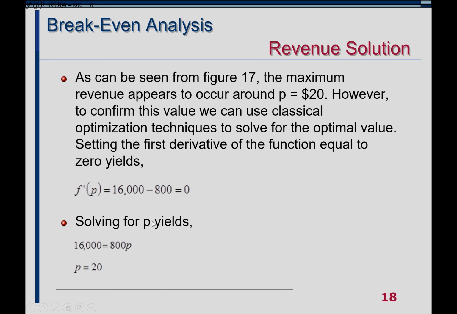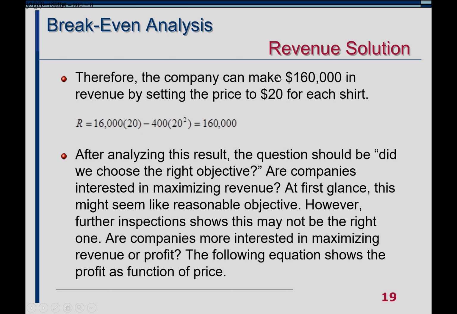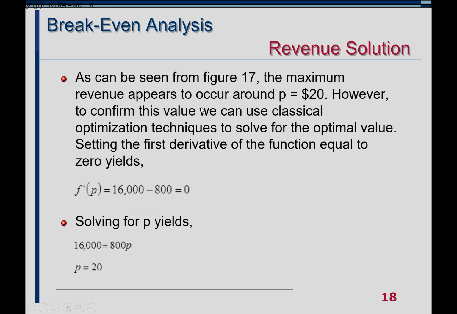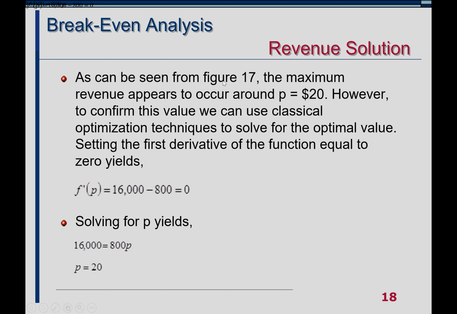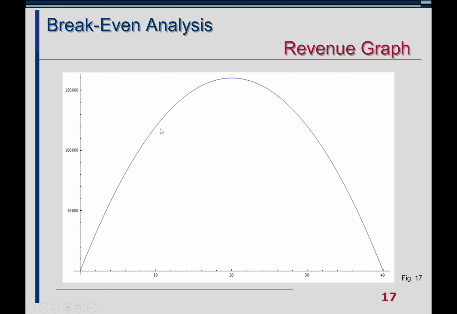Solving for P yields 16,000 equals 800P, so P is equal to 20. This means the company is going to make $160,000 in revenue by setting the price to $20. That looks about right through visual inspection. Just remember, taking the first derivative of a function tells you the slope of that function.